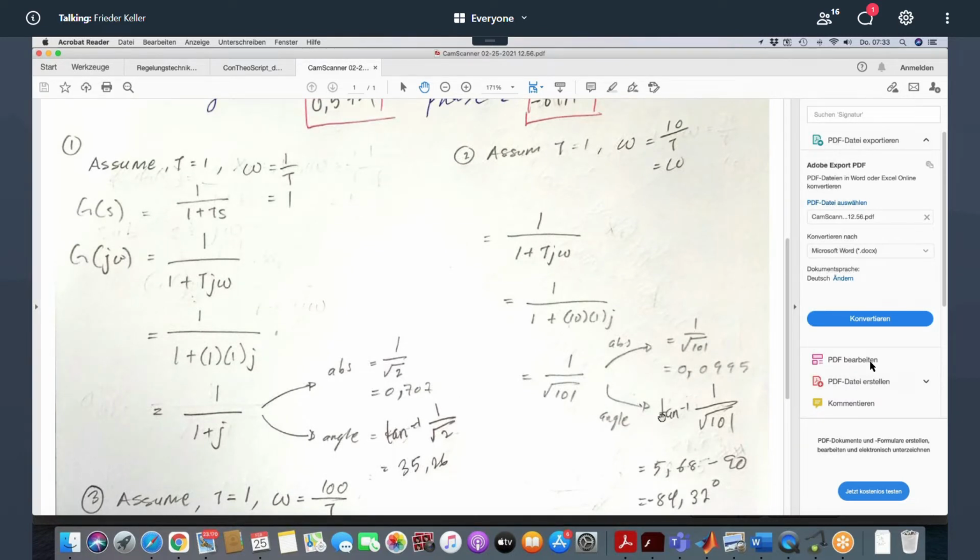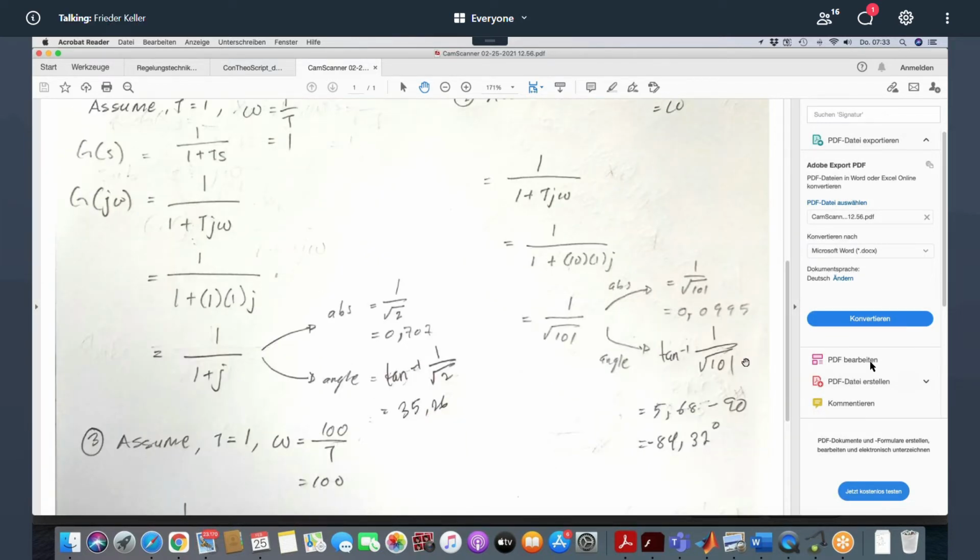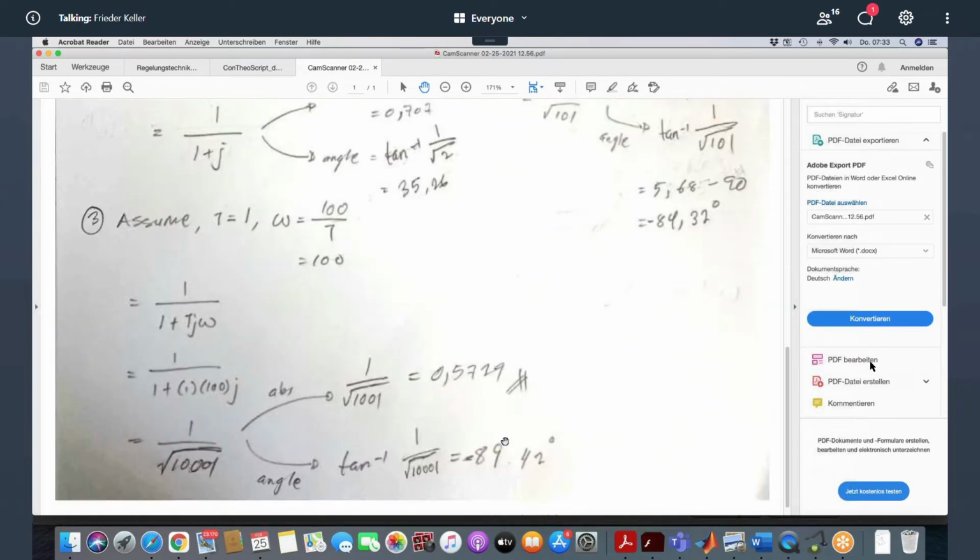And this angle, 10, and here you have done 5.68 minus 90. Well, the result is correct. So it is approaching minus 90 degrees. So, and then we did it once more.